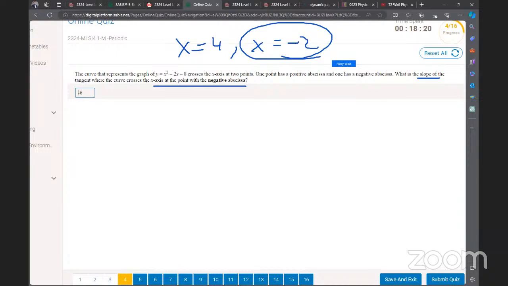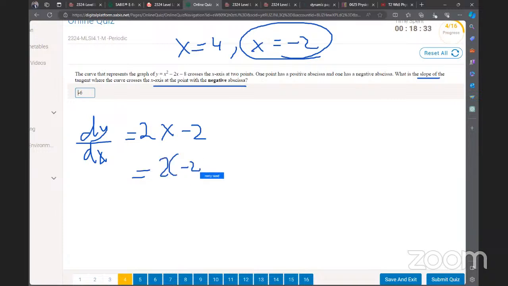So 2x minus 2 is dy over dx, okay? And then I will substitute x here by -2. So 2 times -2 minus 2 now. 2 times -2 is -4, -4 minus 2 is -6. I understand. Okay.